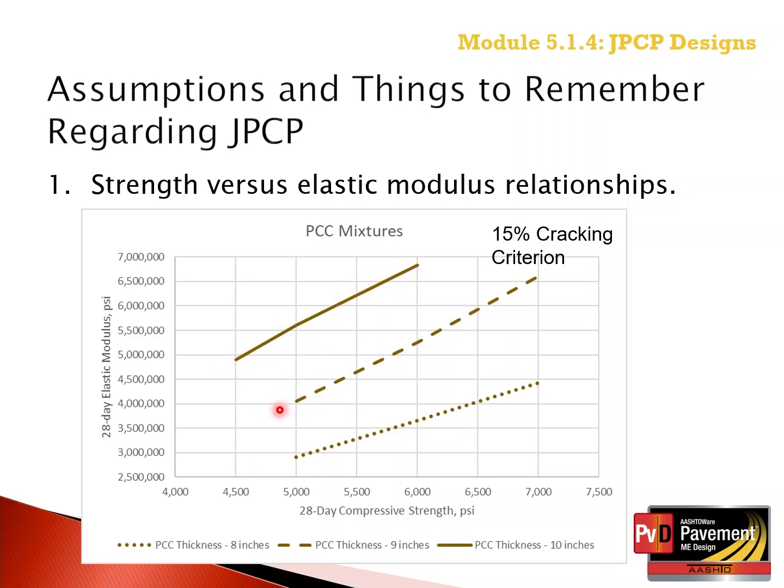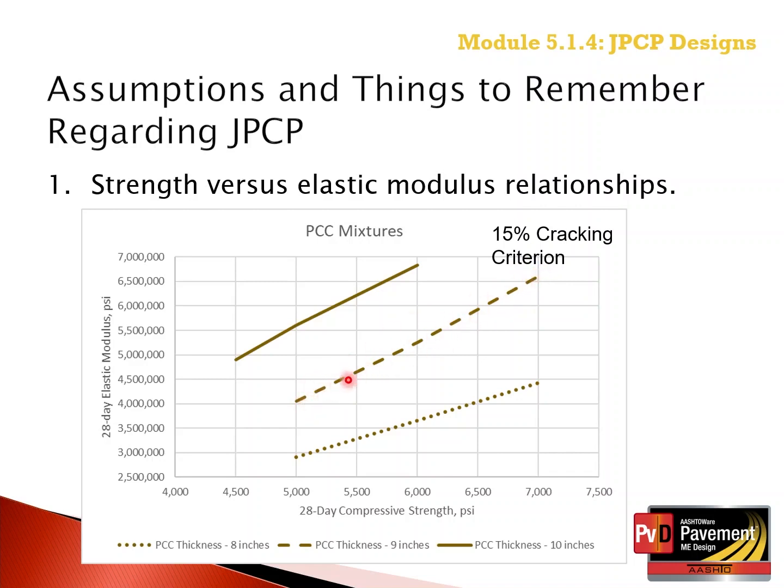The dashed line is for a 9-inch concrete slab. And again, with the 28-day compressive strength versus 28-day elastic modulus, these combined values will result in 15% cracked slabs at the end of the design period.